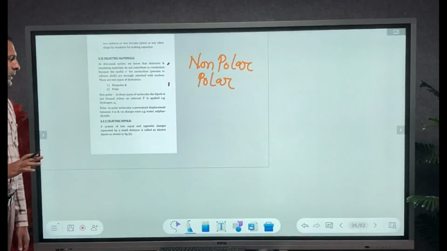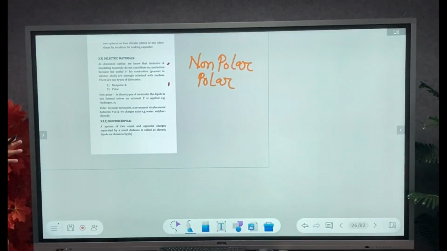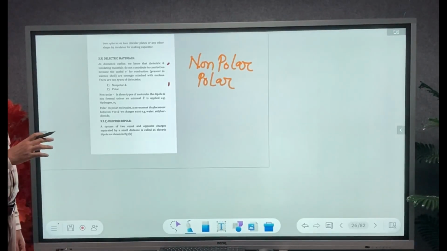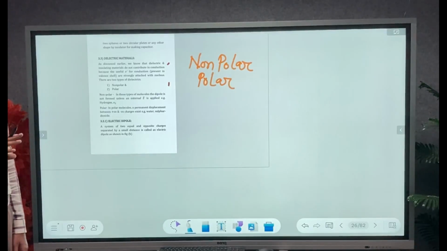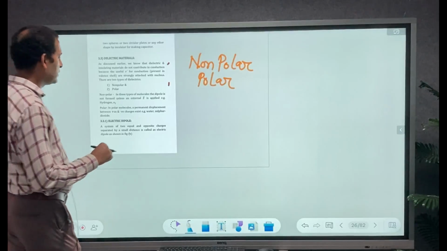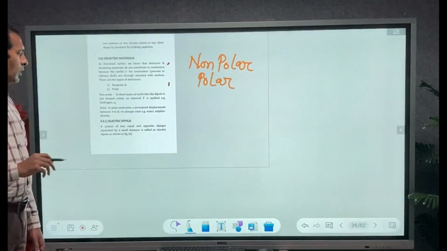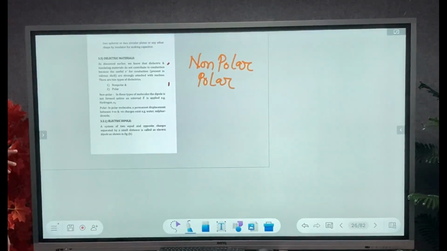Non-polar molecules are those where, when no external field is applied, there is no permanent dipole inside the atom, for example hydrogen or oxygen. In polar molecules, a permanent displacement between positive and negative charges exists, for example water and sulfur dioxide.